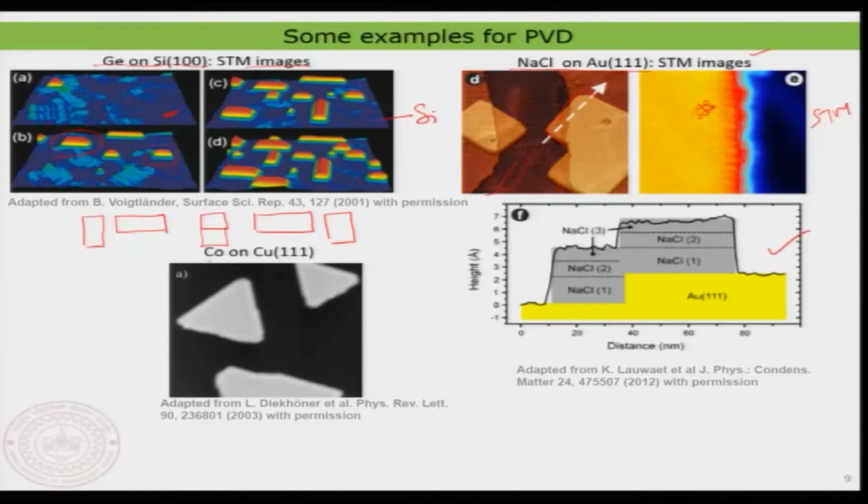I have another material that is deposited, cobalt on top of a copper 111 surface. The copper 111 surface is also something you know, we have already discussed it in the previous class, and now I am depositing cobalt on top of the copper 111 surface.